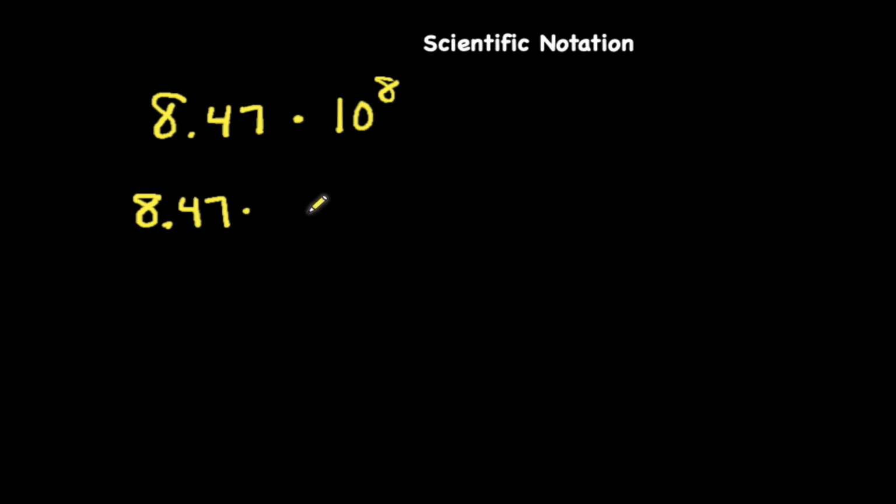So 10 to the 8th power is really saying that we already have 1 0, but we need to add an additional 7 zeros. Okay, so we have 1 0 here. We need 7 more. 1, 2, 3, 4, 5, 6, 7. All right, so this number here, as you can see, is comparable to 10 raised to the 8th power.